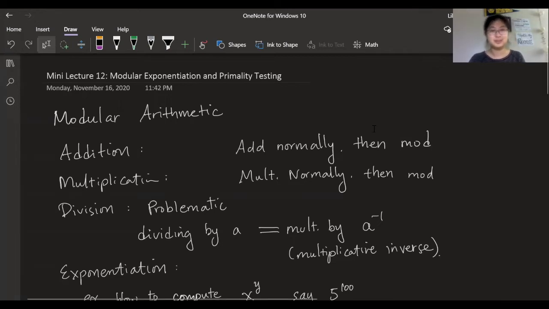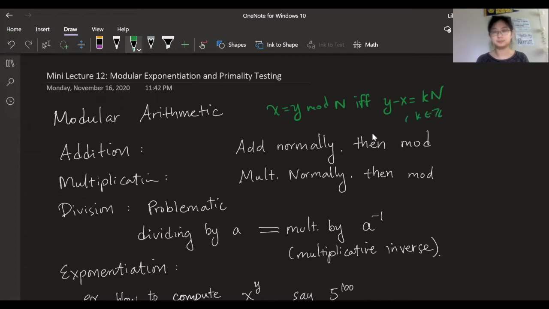All right. So just as a reminder, when we're doing modular arithmetic, we're saying that two numbers, x and y, are the same mod n if and only if they differ by some integer multiple of n. So k is an integer.